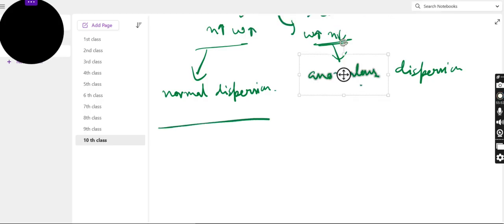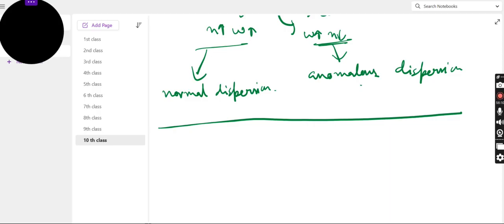Now, this gives us how wave and matter interact, and we assume that the interaction is linear.